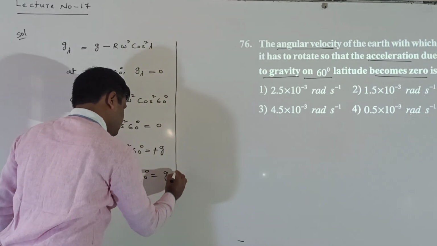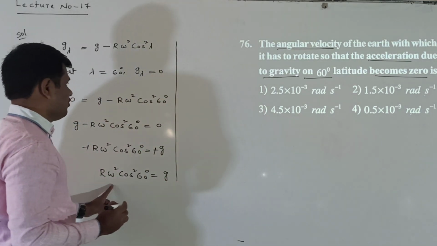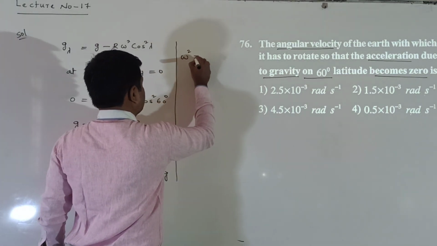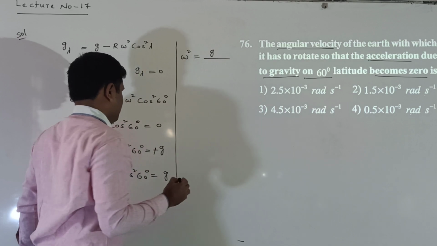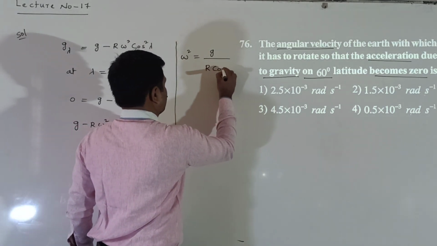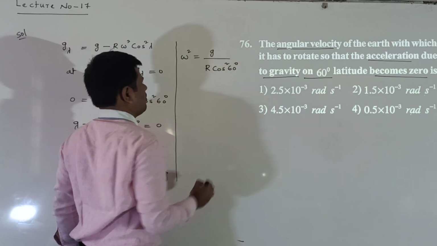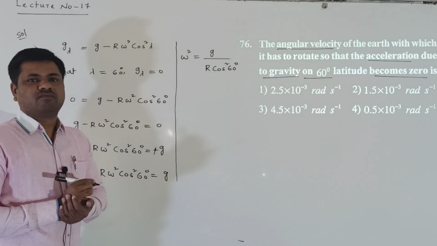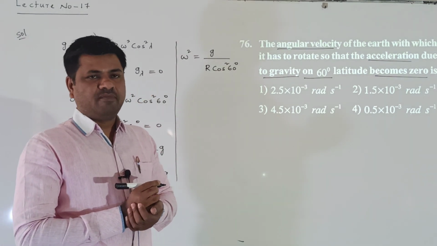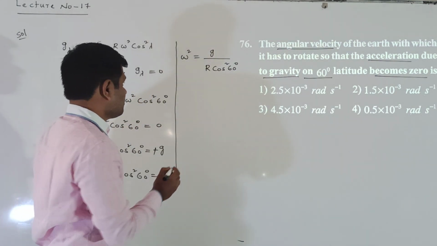Now from this we want to find omega. Omega square is equal to g by r cos square 60. Cos 60 is 1 by 2, sin 60 is root 3 by 2.